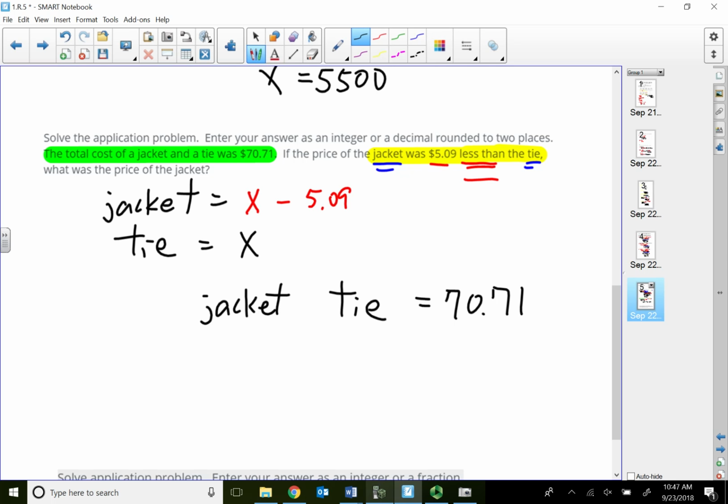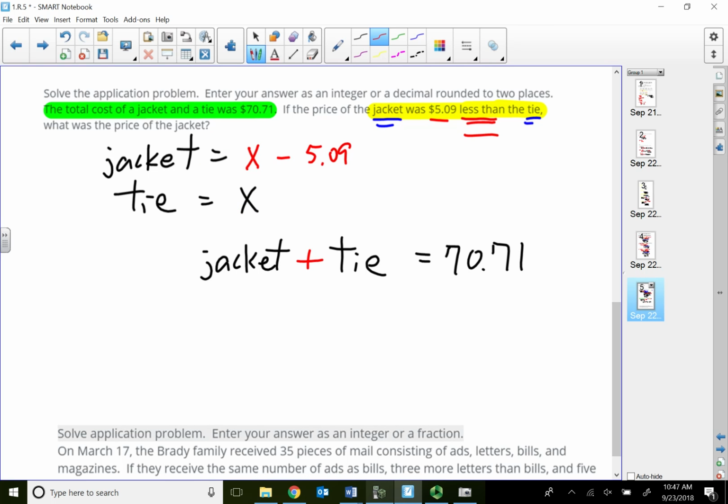So that means the jacket plus the tie together is $70.71. Now we just write down what we translated and solve for X. What did we translate for the jacket? X minus $5.09, plus the tie, which is X, equals 70.71.